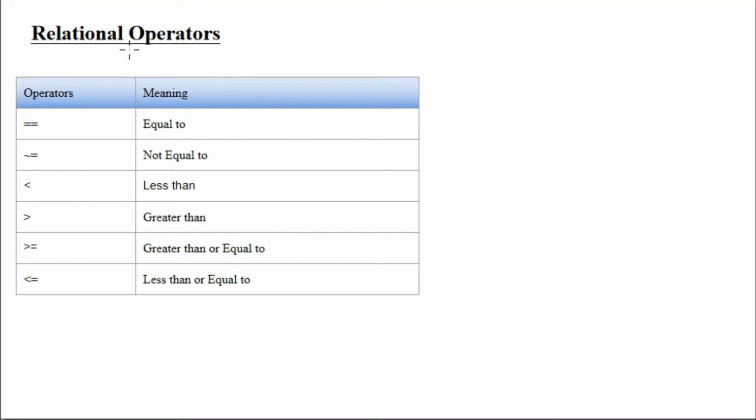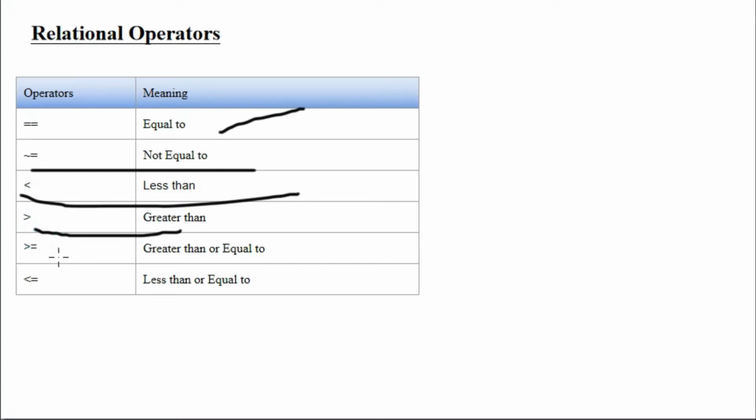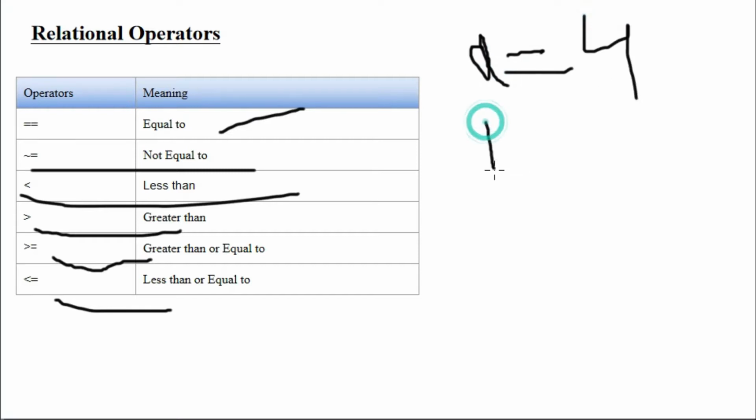In relational operators we are going to compare two variables with equal to, which is the comparison operator, not equal to, less than, greater than, greater than or equal to, and less than or equal to. Suppose we have variable a equal to 4 and b equal to 6.